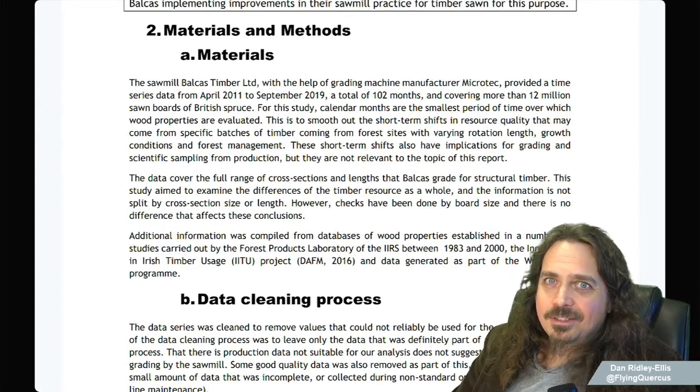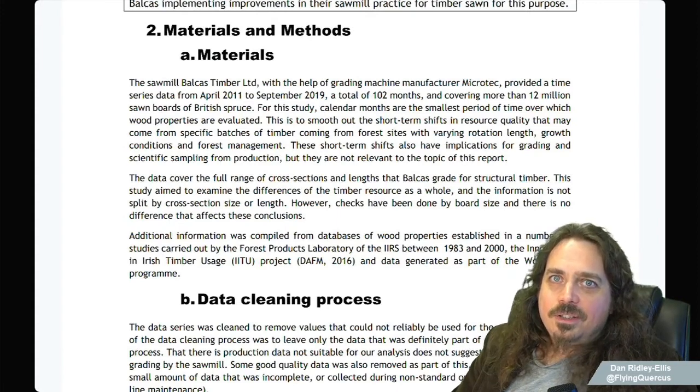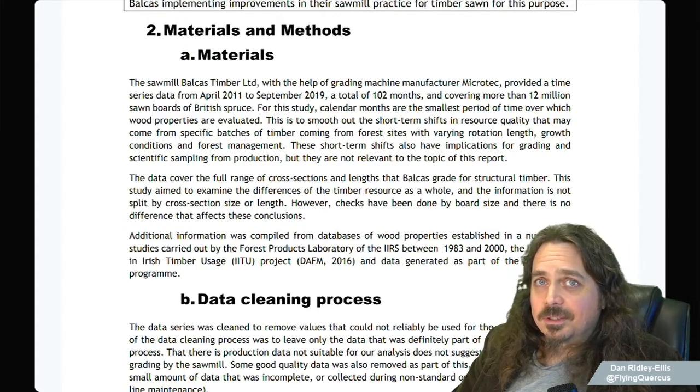So they don't ever have enough samples to get a good representative sample for your statistical analysis. And the other issue is that standards change over time, particularly for mechanical properties. So it's really difficult to compare measurements of stiffness to previous standards to measurements of stiffness to modern standards.